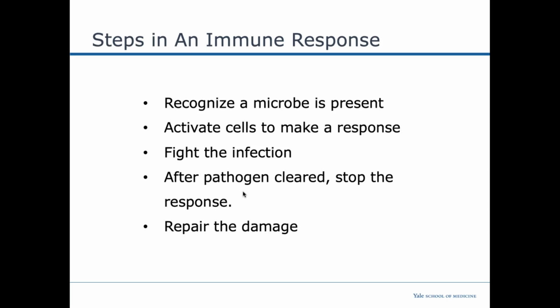So you can think of a car, you put your foot on the gas pedal to make it go, but then you have to stop at some point and you have to put your foot on the brake. And there's active mechanisms for stopping immune responses. And then you have to repair the damage. Because when you're mounting a response, cells are dying, a lot of things are happening, and you have to repair the damage.